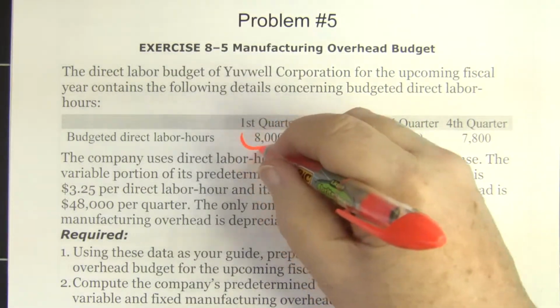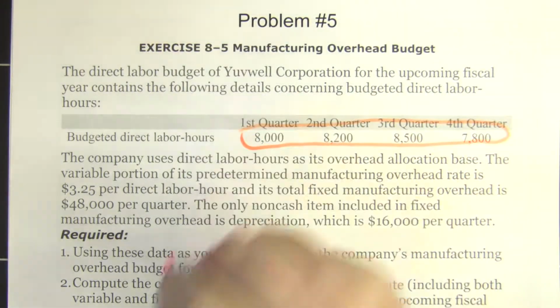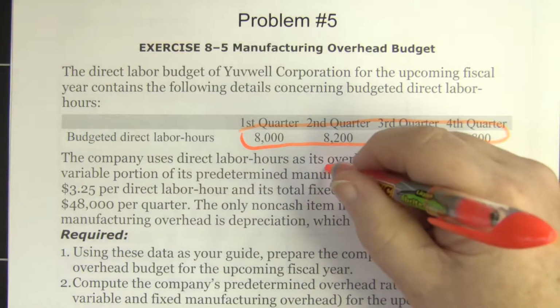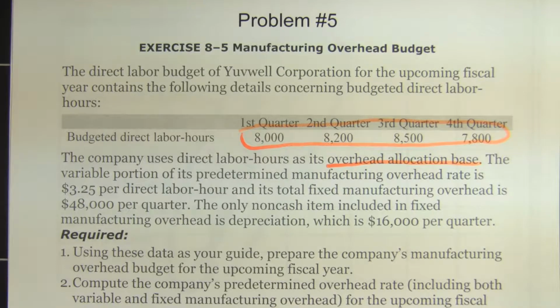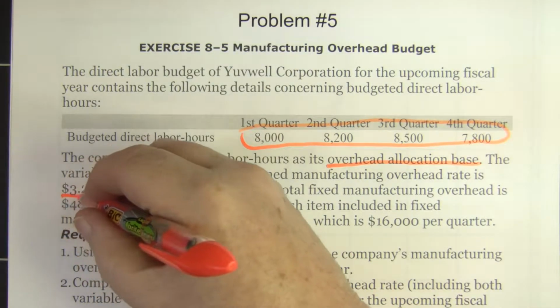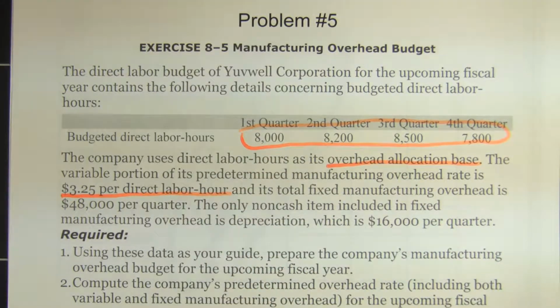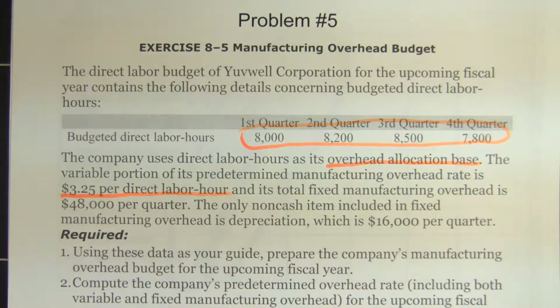Well, they give us labor hours. We're going to need that. The company uses direct labor hours as its overhead allocation base. The variable portion of its predetermined manufacturing overhead rate is $3.25 per hour. So we're going to need $3.25 times each of these number of hours.